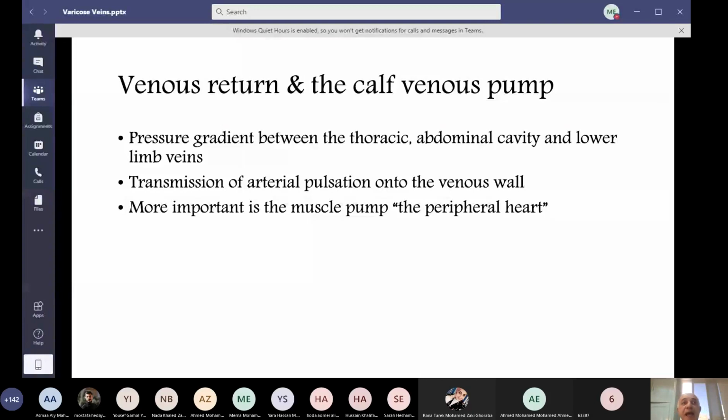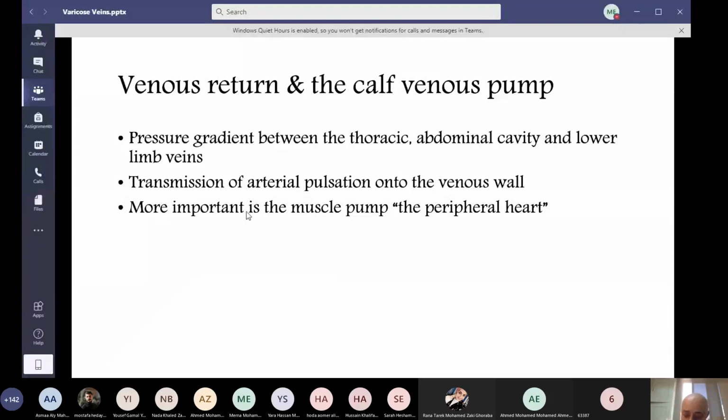There must be an active pump in the lower limb to propel this blood against gravity to reach its destination and for the circulation to continue. We have different factors. The most important is the muscle pump, which is called the peripheral heart.